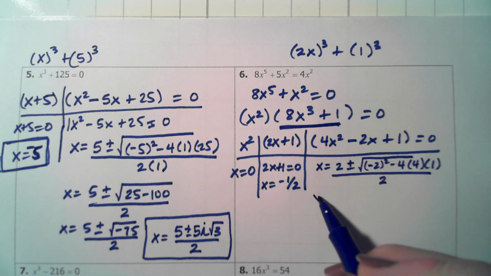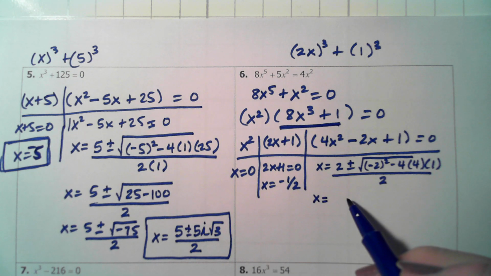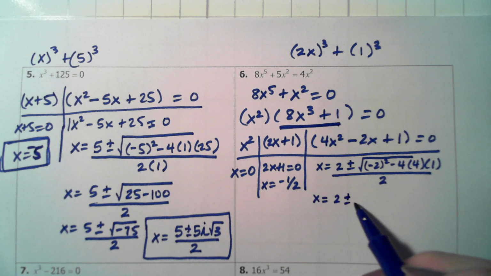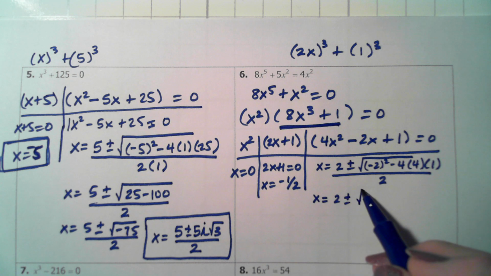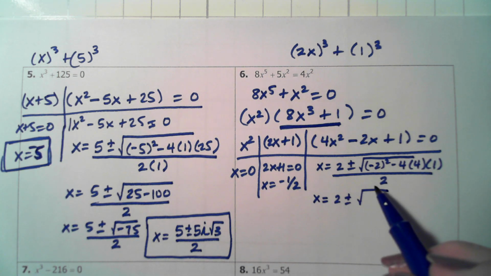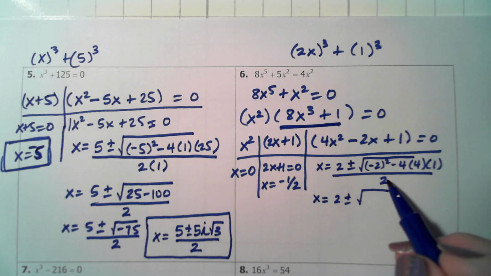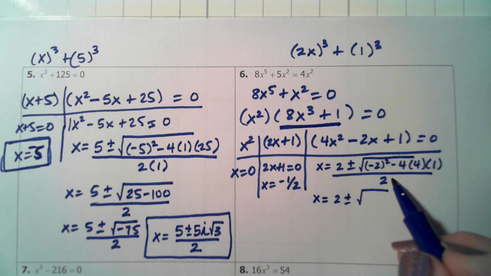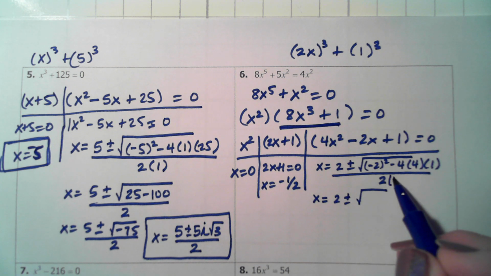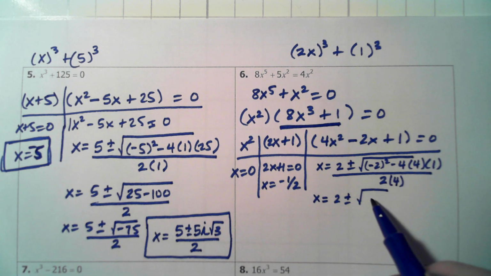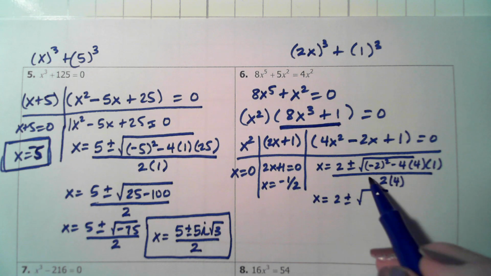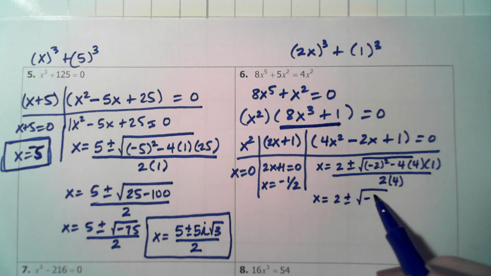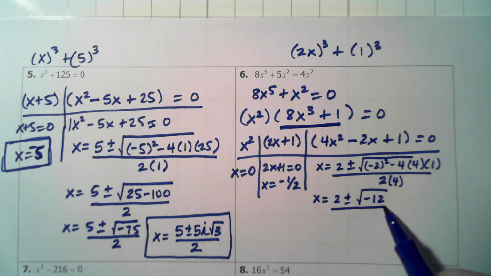I'm going to simplify that. We got x is equal to 2 plus or minus the square root. And use a calculator for this. I'm perfectly fine with that. Oh, I'm sorry. Let's go back. The denominator is 2 times a, and a was 4. We've got the square root here. Just putting it in our calculator, you can get negative 12, all over 8.